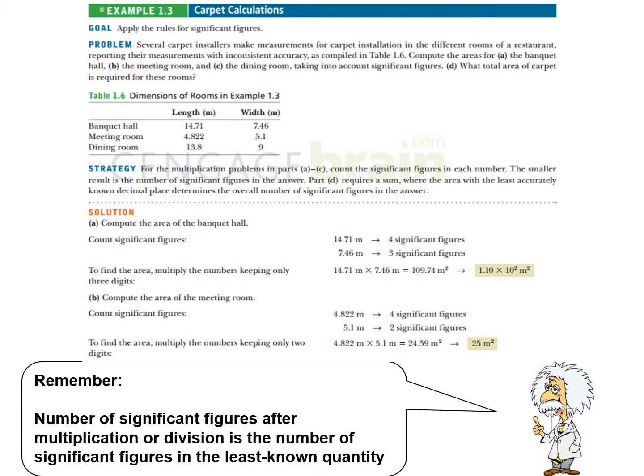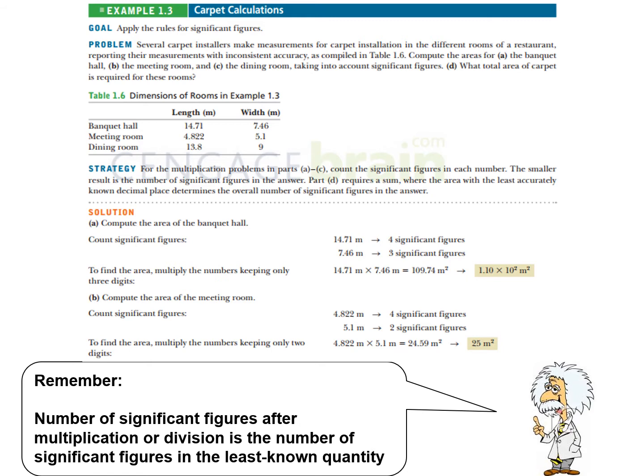This is a very good example of how to use significant figures in real problems. So for example, we have a problem where several carpet installers make measurements for carpet installations in different rooms of a restaurant, reporting their measurements with inconsistent accuracy, as compiled in Table 1.6. In this table we have the dimensions of the banquet hall, a meeting room, and also a dining room, with a certain length and width.